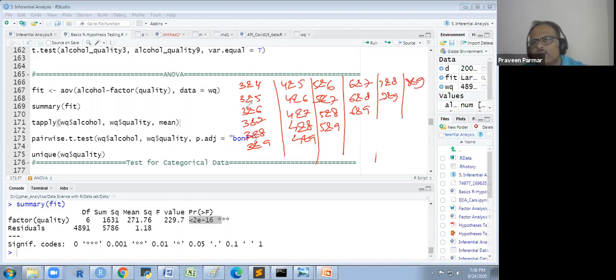How many groups do we have? 6, 5, 4, 3, 2, 1. 6 plus 5 is 11, plus 4 is 15, plus 3 is 18, plus 2, plus 1, so 21 groups.